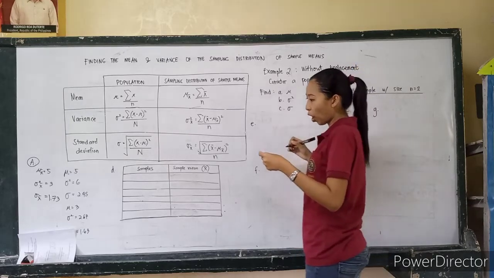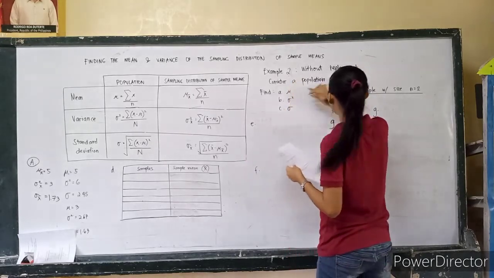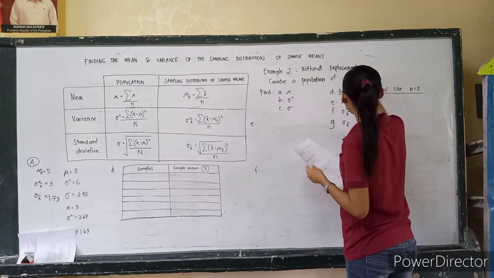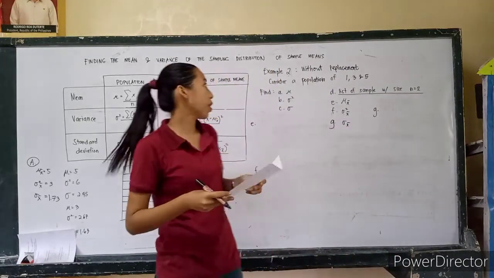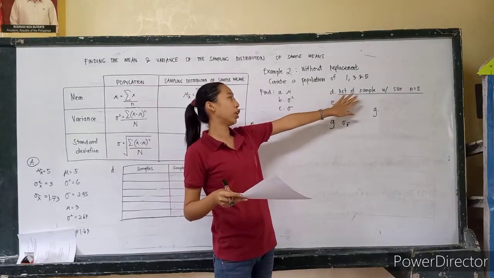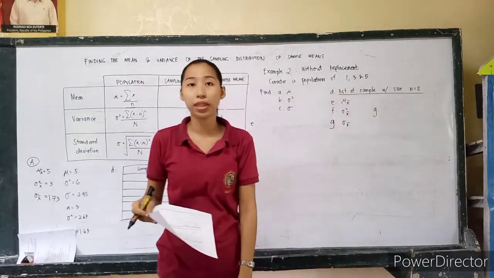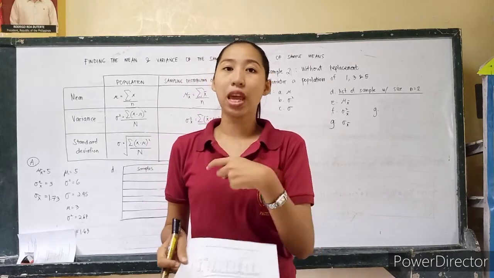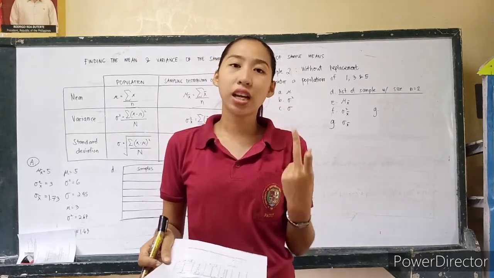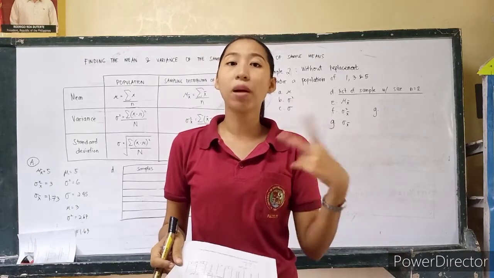In the problem, we are going to consider the population of 1, 3, and 5. Then we are going to list samples of size 2 but without replacement. That means it is not possible to have a sample set where one number repeats, pairing up with itself.